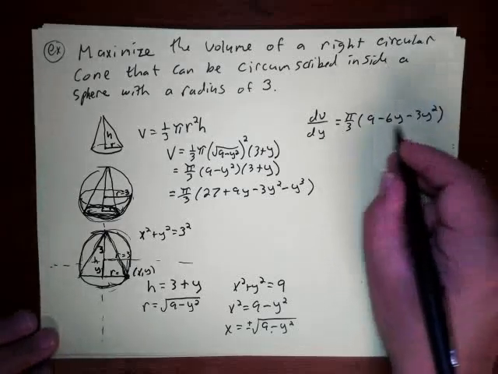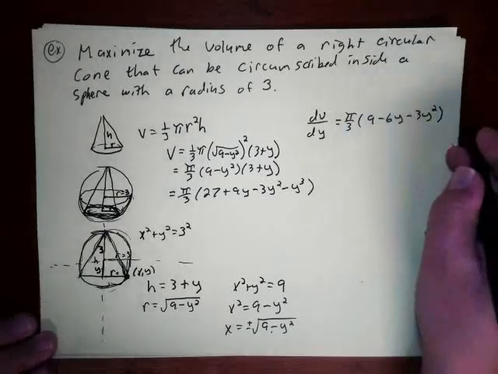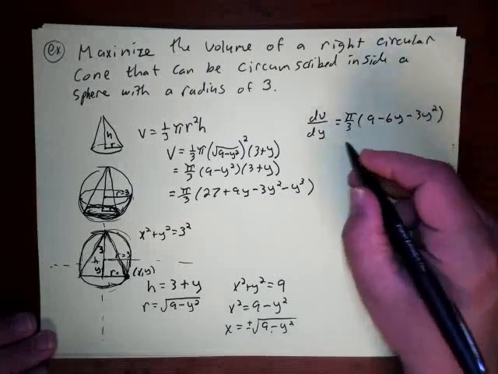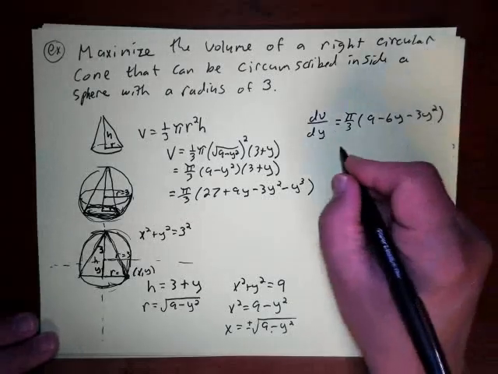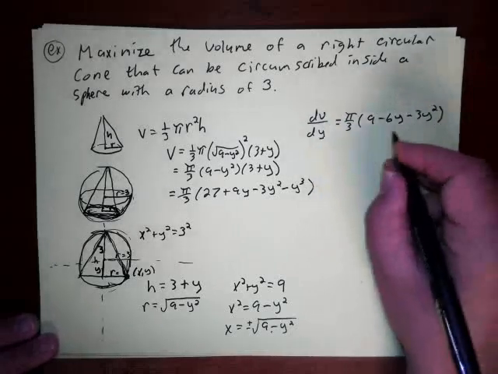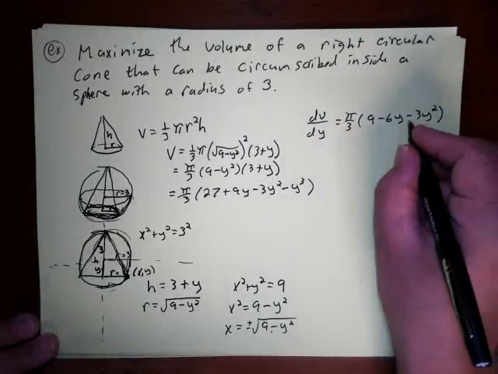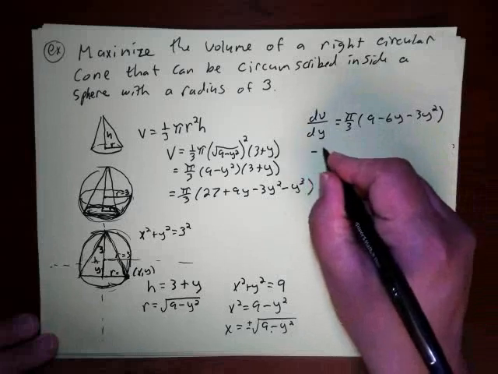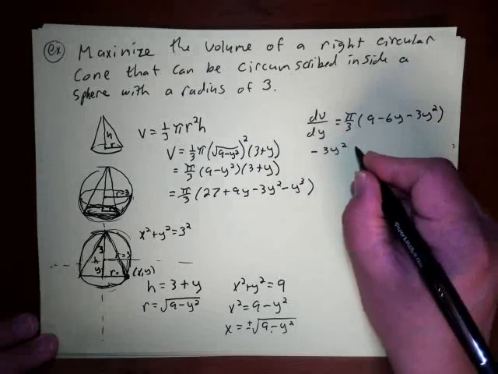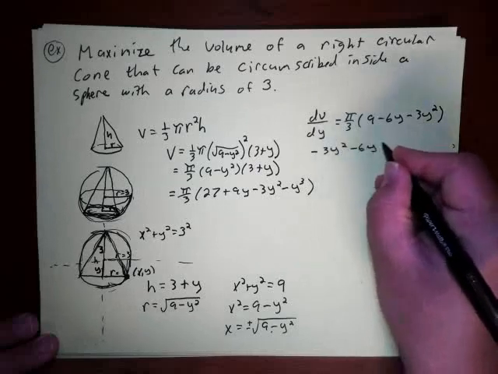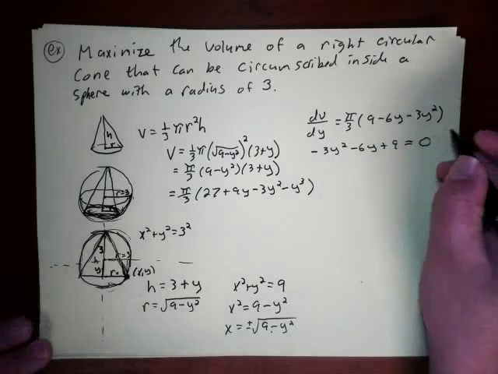And so now I'm going to set this equal to 0. So imagine doing that. Then I can get rid of the pi over 3, because I can divide both sides by that. And then I'm going to commute these around. I'd get negative 3y squared minus 6y plus 9 is equal to 0.